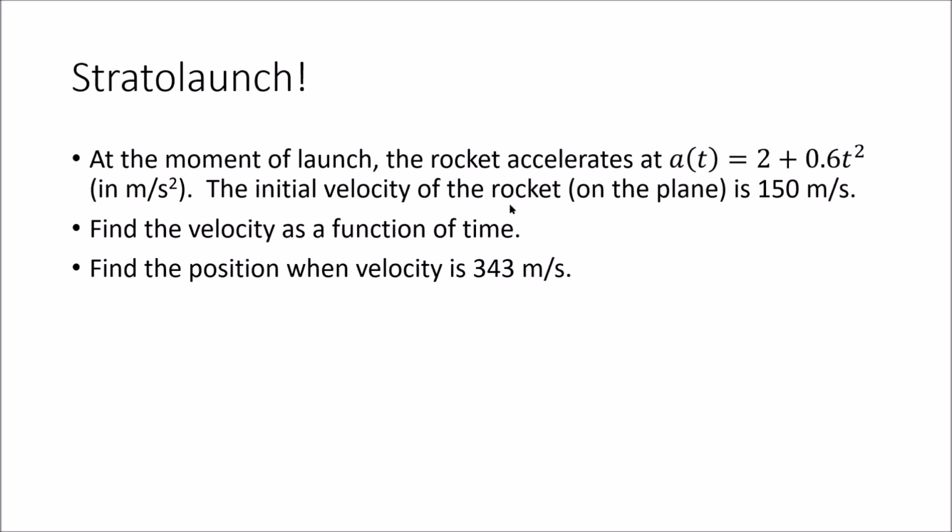The initial velocity of the rocket on the plane is 150 meters per second. So the moment of its launch, the velocity of the rocket is 150 meters per second. Find the velocity as a function of time. Find a function that describes the velocity and how the velocity changes with time. And then find the position when the velocity is, I just made up a number, 343 meters per second.